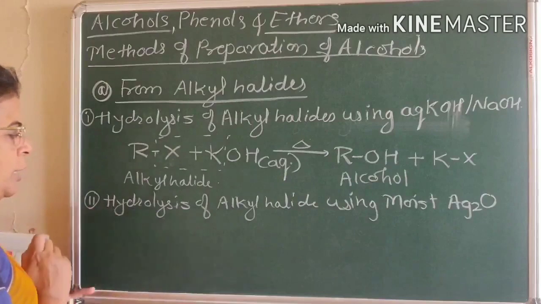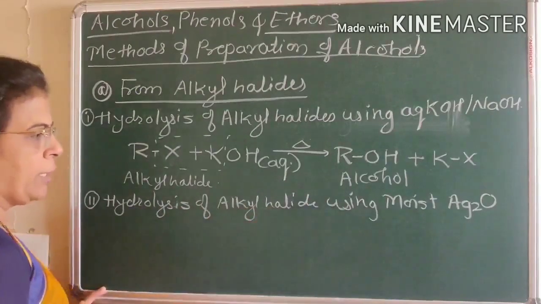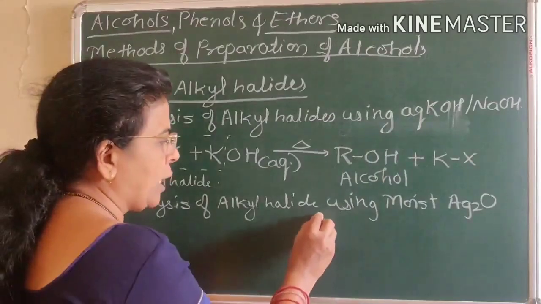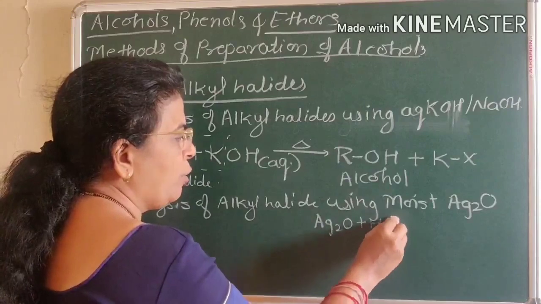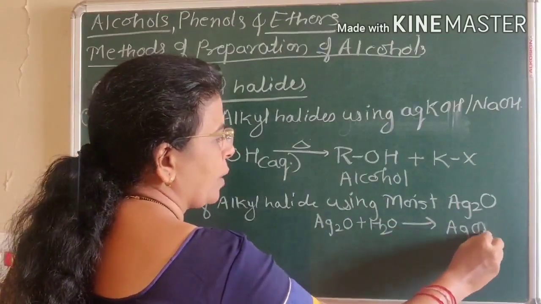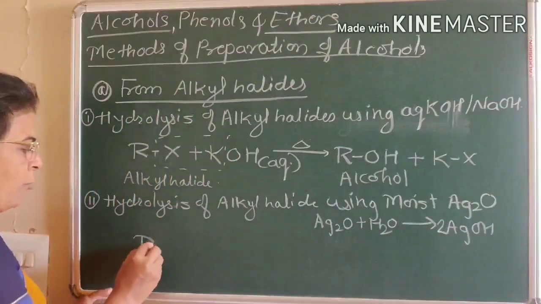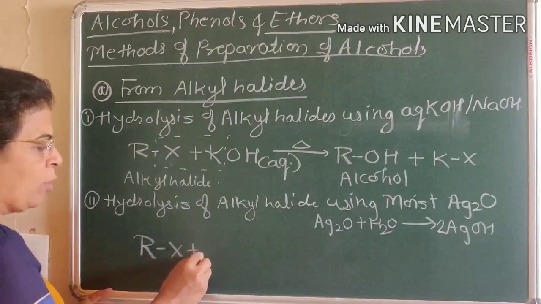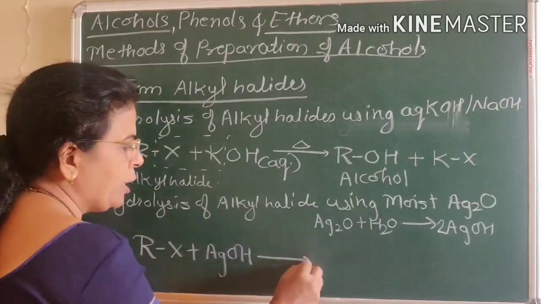Now we are going to see hydrolysis of alkyl halides using moist silver oxide. This moist silver oxide, that is Ag2O, when dissolved in water, is converted into 2AgOH. Therefore, the reaction of alkyl halide is carried out with silver hydroxide, that is AgOH. How is it obtained?